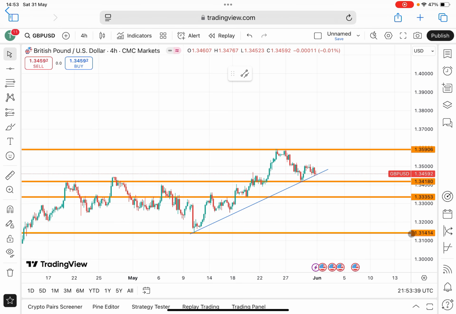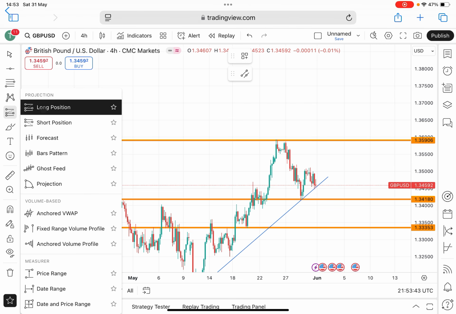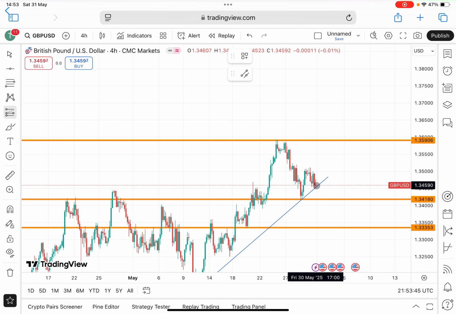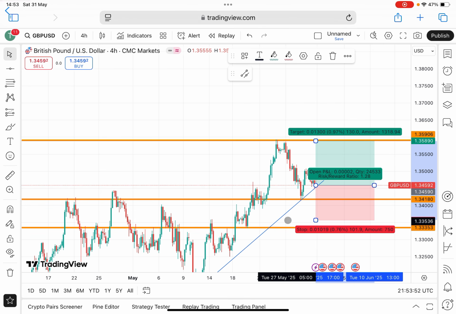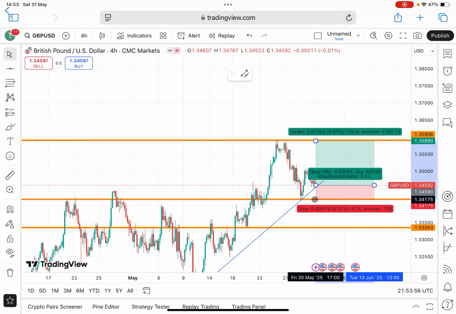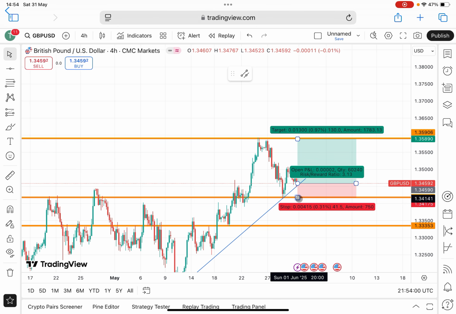So I'm just going to put my long position here. That means we are buying at the current market price to this level, and that's how many pips right there. Let's see. And we'll put our stop loss under this support.